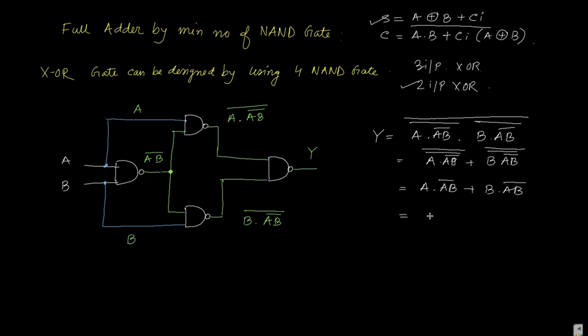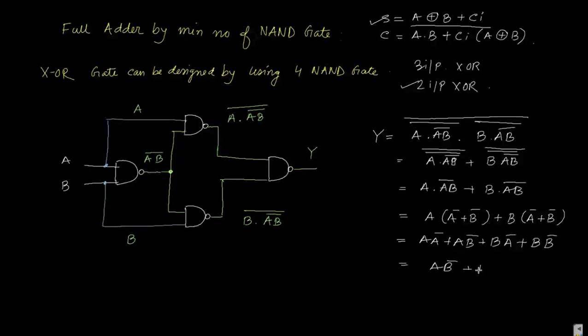So AB bar becomes A bar plus B bar, plus B, again A bar plus B bar. So it becomes A bar plus B bar plus B bar plus B bar. So it becomes AB bar plus BA bar, which you can write as A XOR B. So we can implement one XOR gate using 4 NAND gates.